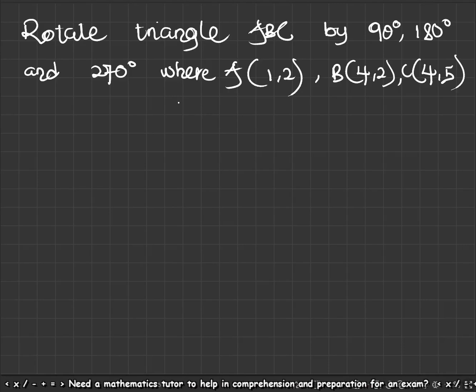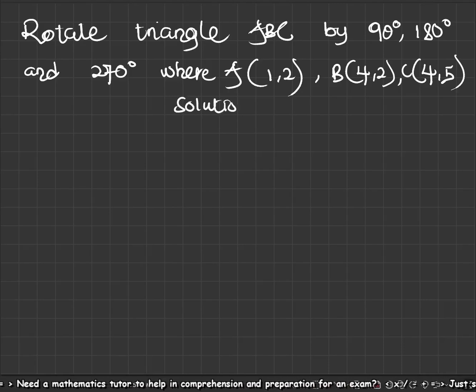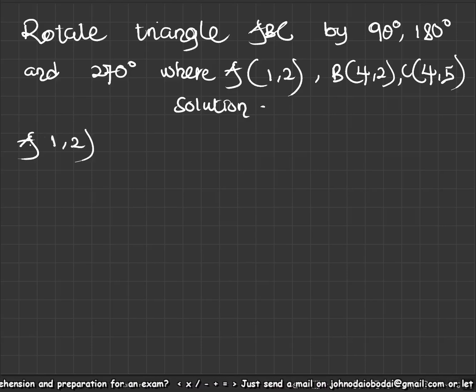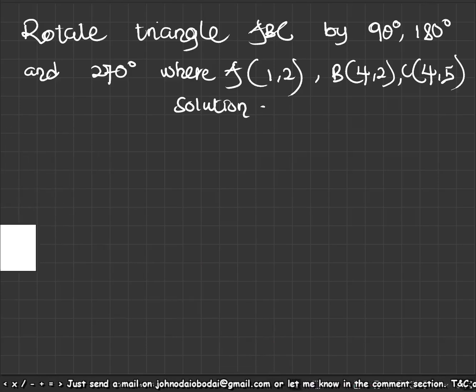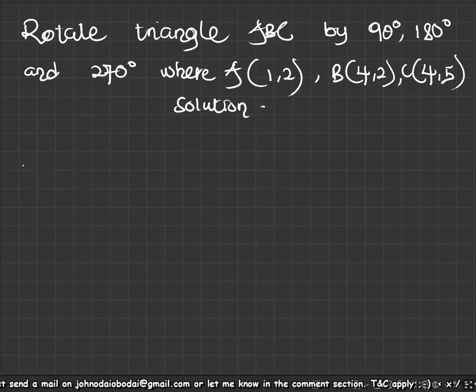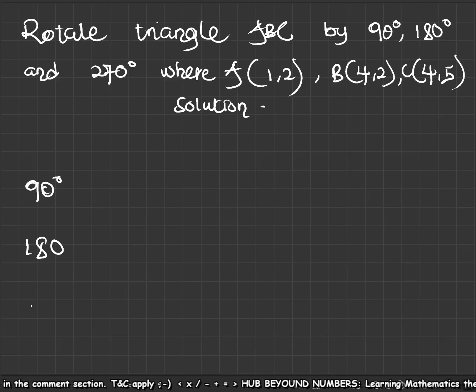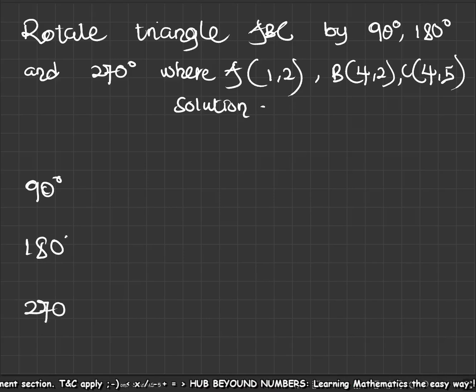Okay. So our solution. Now for A, whose coordinate is 1, 2, let me write it this way. We are going to work with 90 over here, and then we have our 180 here as well, and then our 270 over here.